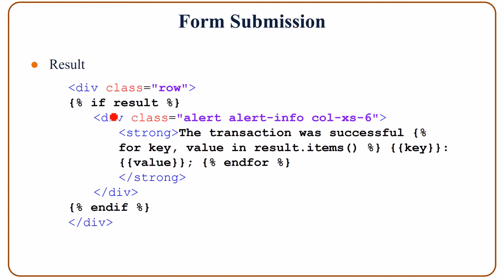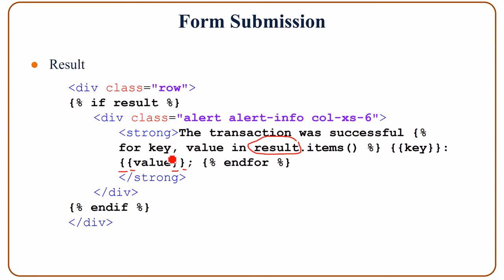display the result. Right? So for displaying variables, use a double curly brackets. So remember, we pass a variable, namely result. Result is a dictionary.